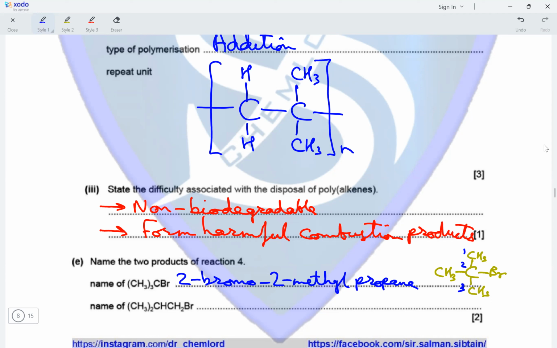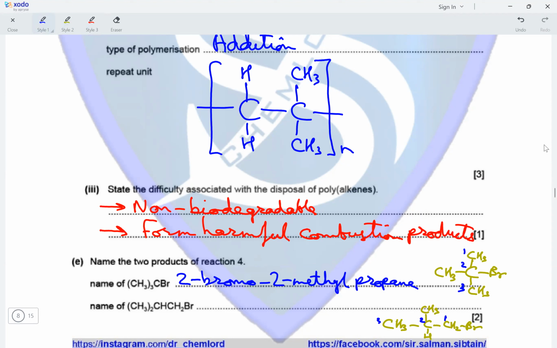And the second product of reaction 4 is a straight chain compound with a methyl group present: CH3, CH, CH3, CH2, Br. So the numbering would start from the Br carbon, 1, 2, and 3.